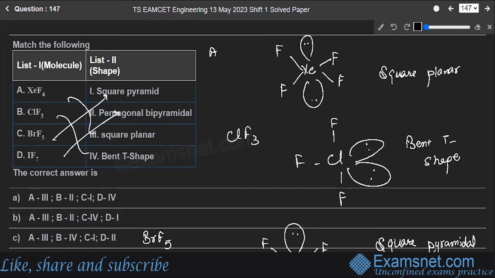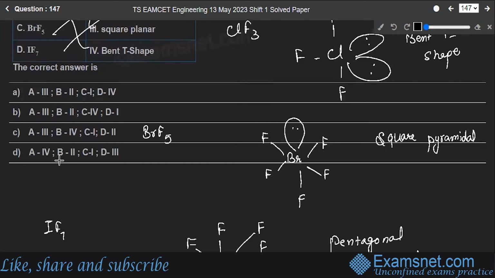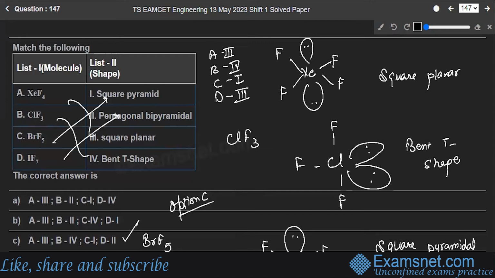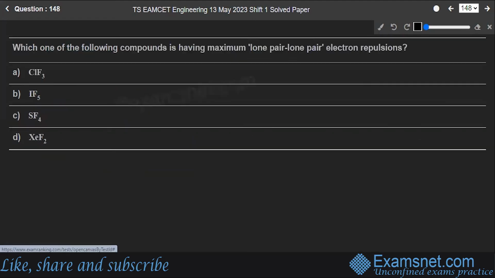So your A matches with 3, B with 4, C with 1 and D with 2. That makes C option the right answer. Because here T is already taken by this, D matches with 2. Hope you got that. Next is question number 148.